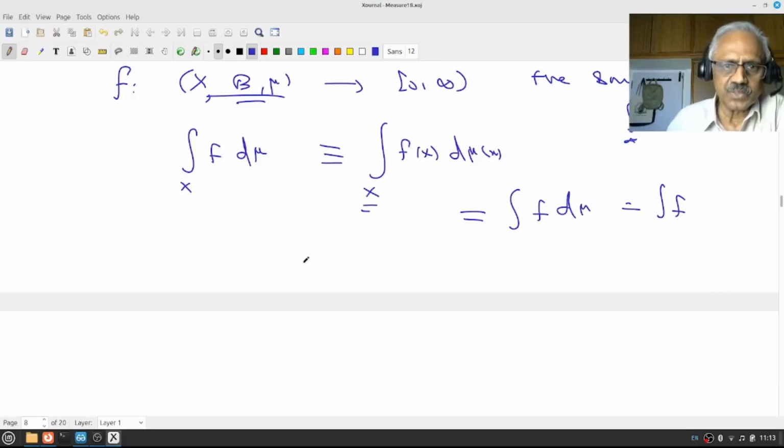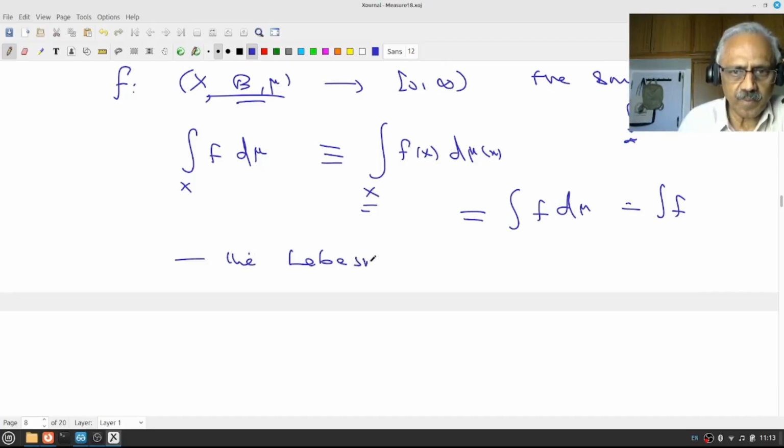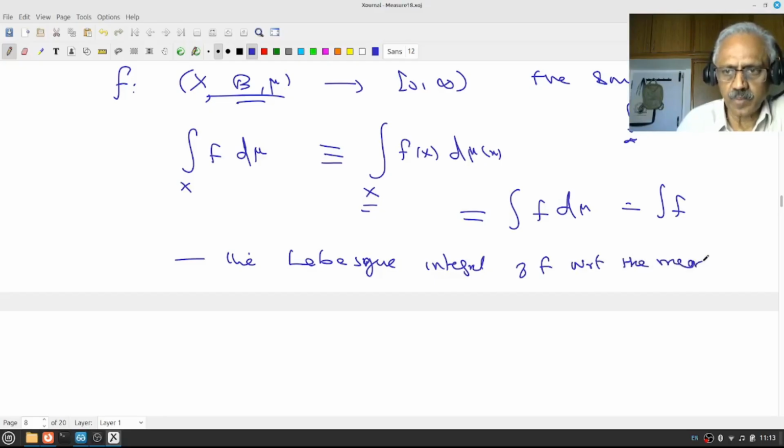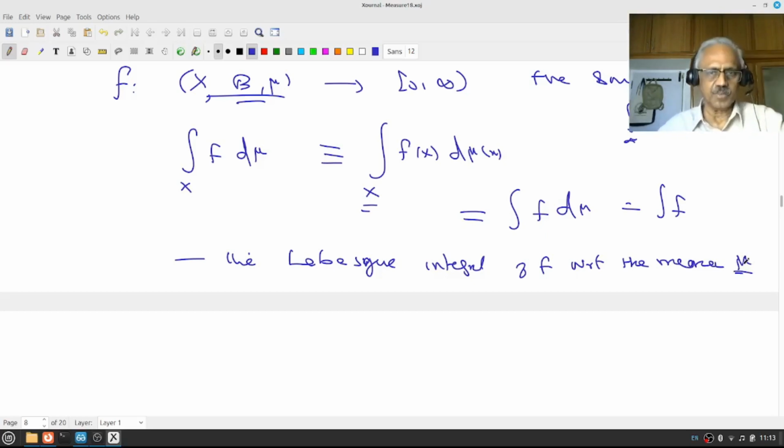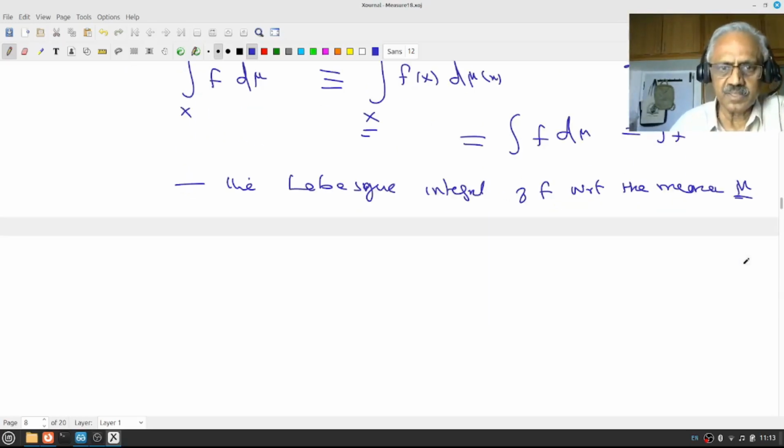Okay, so this is called the Lebesgue integral of f with respect to the measure μ. The moment you say measure, then the sigma algebra is already determined. Okay, and there is another reason why we want to do this.